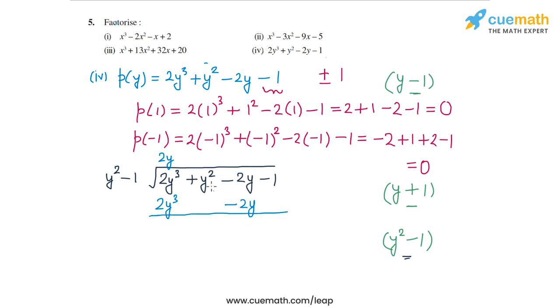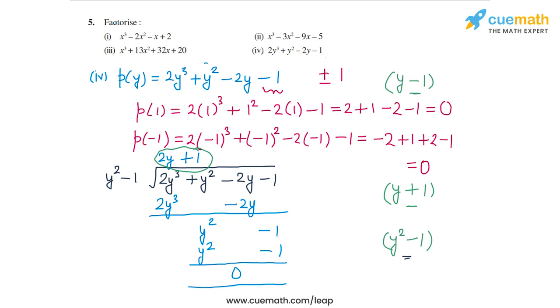Then I subtract this from the dividend and I'm only left with y square minus 1, which means that the second multiplier is simply plus 1. So that gives me y square minus 1, and this terminates the division process. So the third factor is 2y plus 1.